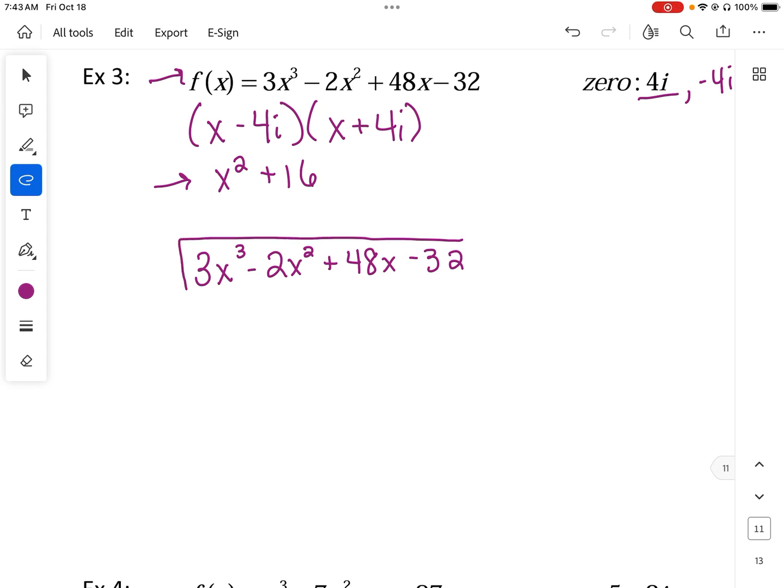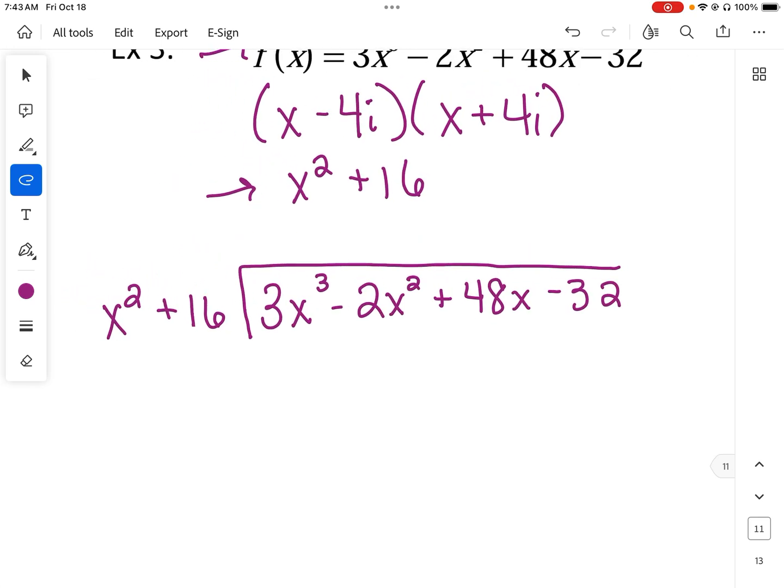So here we go. I need to do a 3x. So 3x times x squared is 3x cubed, and then 3x times 16 is 48x.